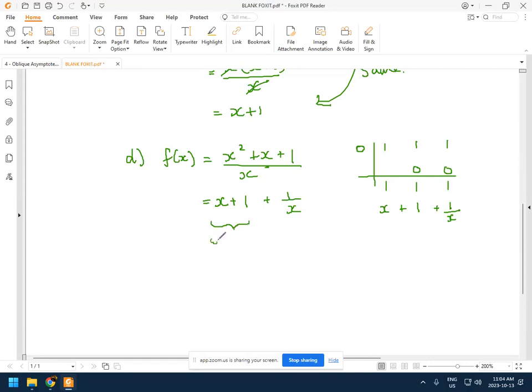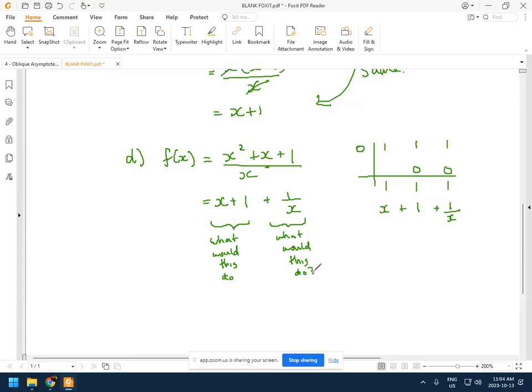I need you to think about this. On the graph, what would this do? And on the graph, what does that extra little itty bitty thing do? That's the question.